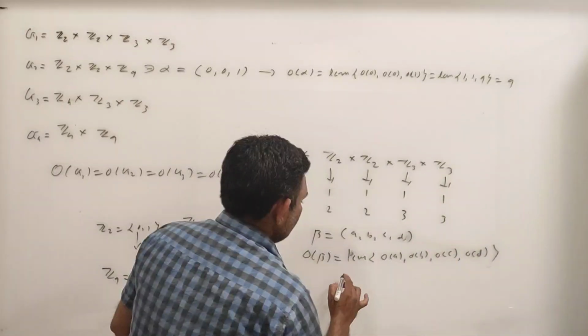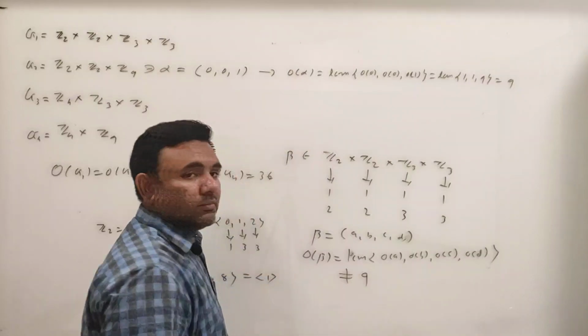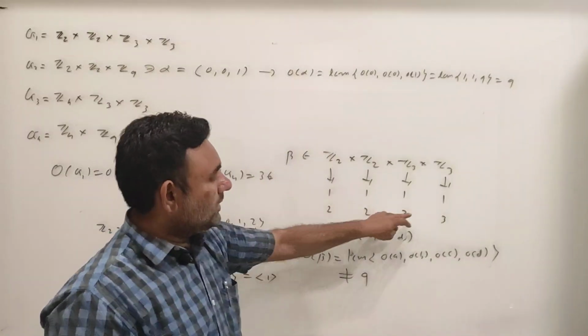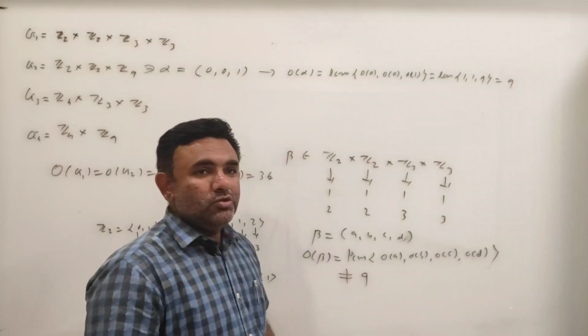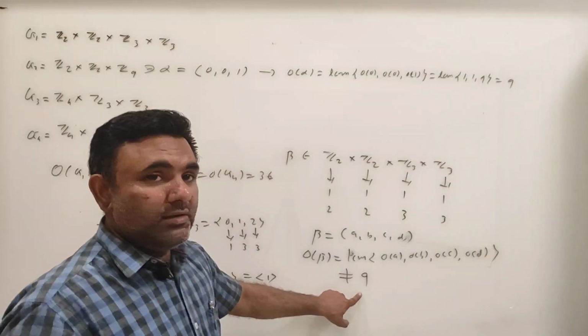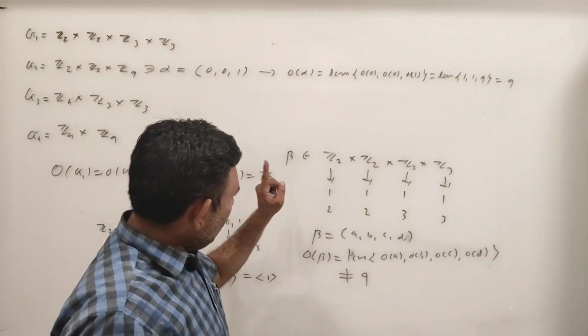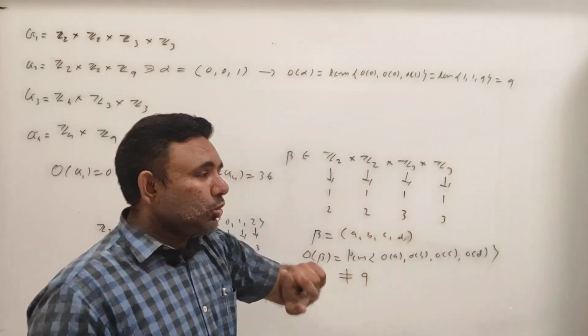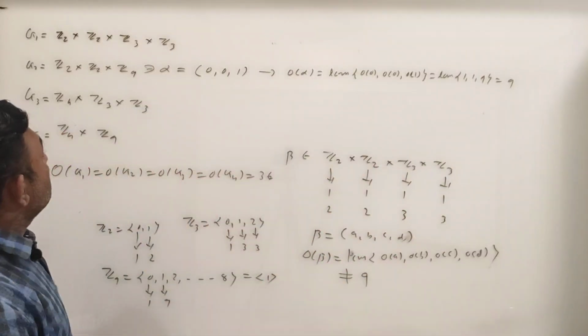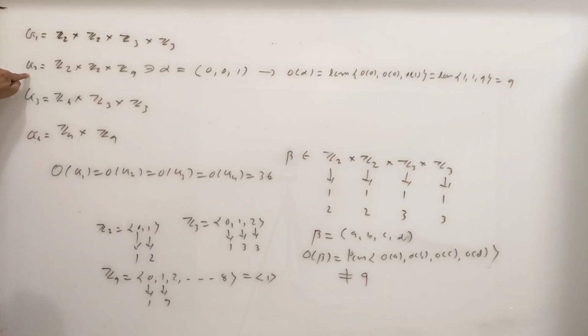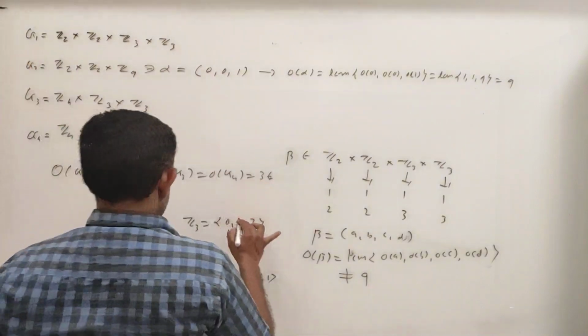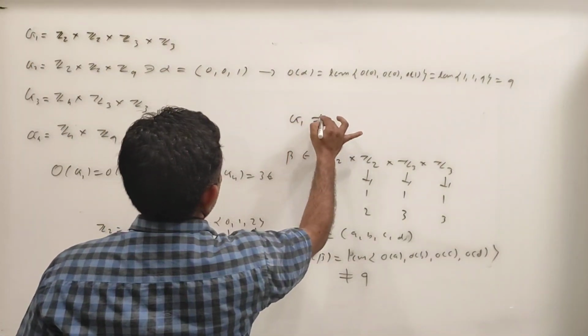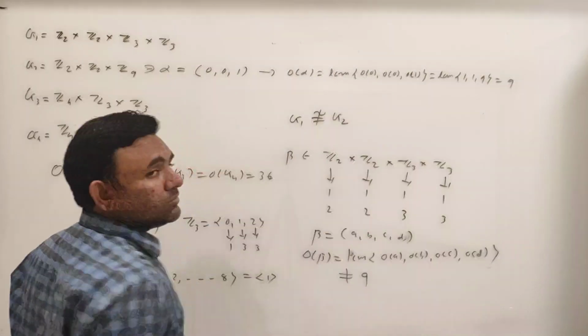So its LCM will never be 9. मतलब in 1 or 2 or 3 के combination ले लो कोई भी, you will never get the LCM as 9. तो मतलब for any beta from here there is no element of order 9. So मुझे G2 में एक 9 ऑर्डर का एलिमेंट मिल रहा है, G1 में वो 9 ऑर्डर का एलिमेंट अवेलेबल नहीं है. So G1 is not isomorphic to G2.